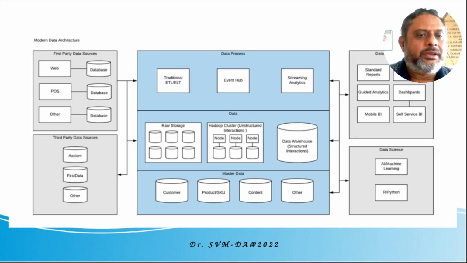On the left side we have various sources possible. One can be a first party data source where the data is being collected for our purpose, and there is a third party data source available. The data from these sources is fed to the data process where we have traditional ELT or ETL stages. ETL is extract, transform, and load.